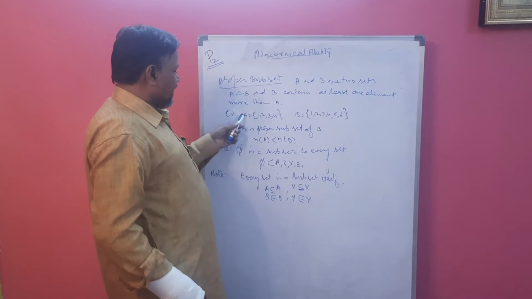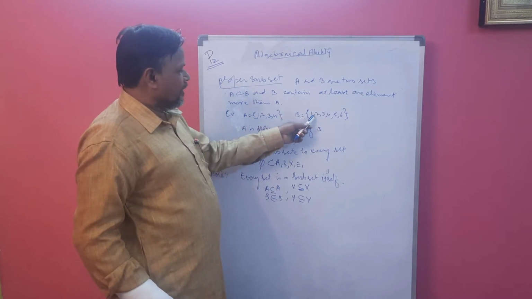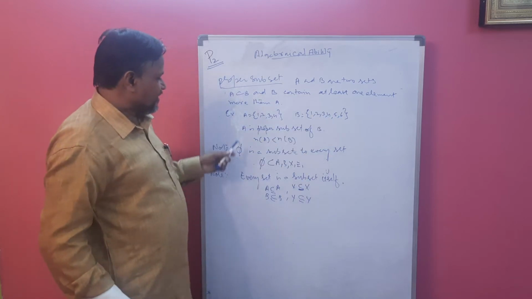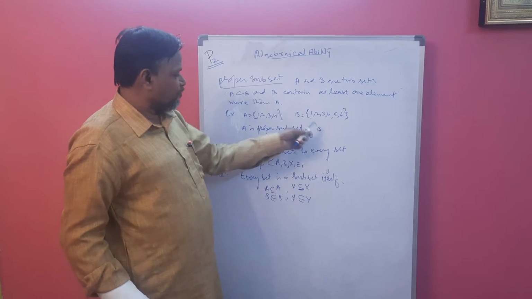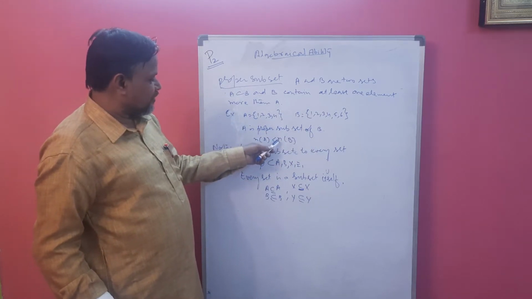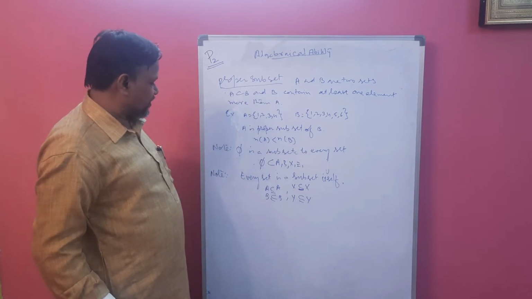Example: A has four elements, 1, 2, 3, 4. B has 1, 2, 3, 4, 5, 6, two extra elements. So A is a proper subset of B. Here the number of elements of A is always less than the number of elements of B.